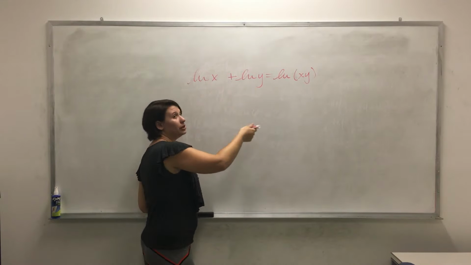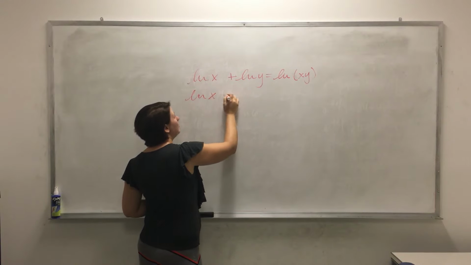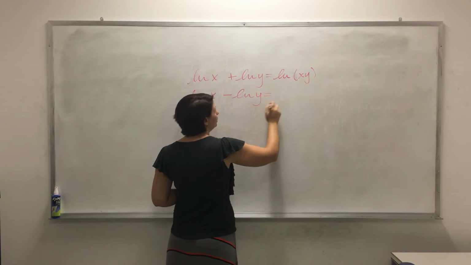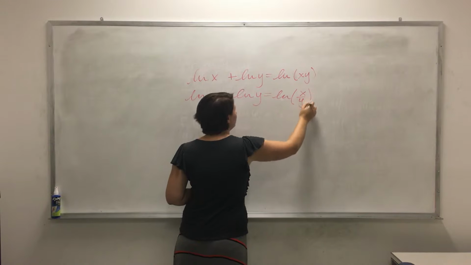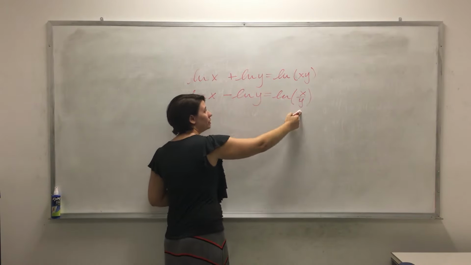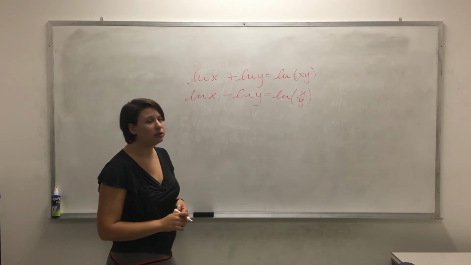The next rule is the opposite of this. It is similar to the division rule for exponents. The natural log of x minus the natural log of y is equal to the natural log of x over y. So just like plus goes to multiplication, minus goes with division. Then we have one last rule.